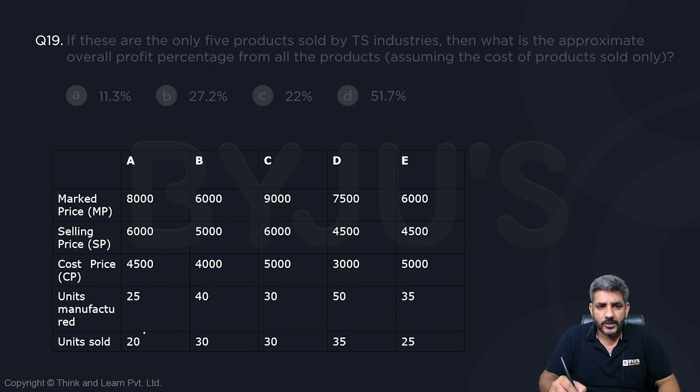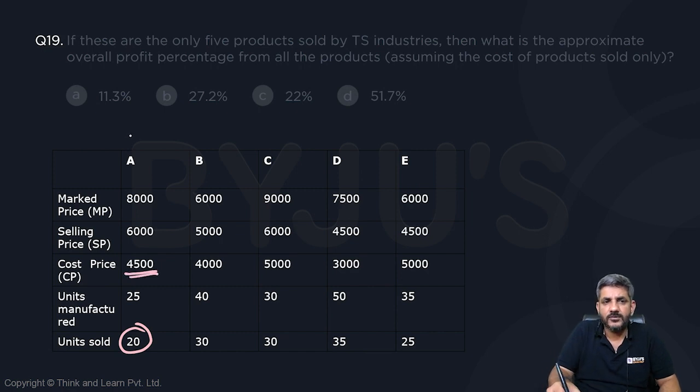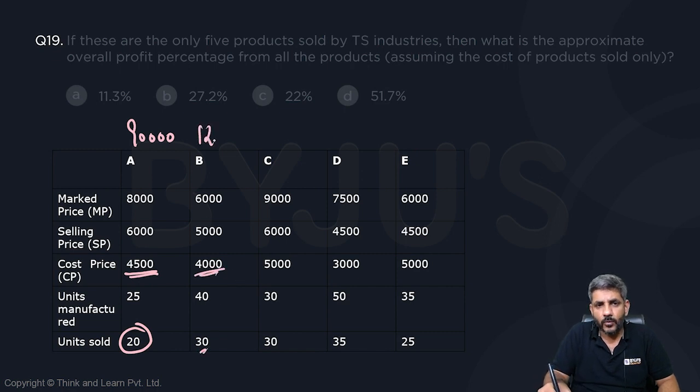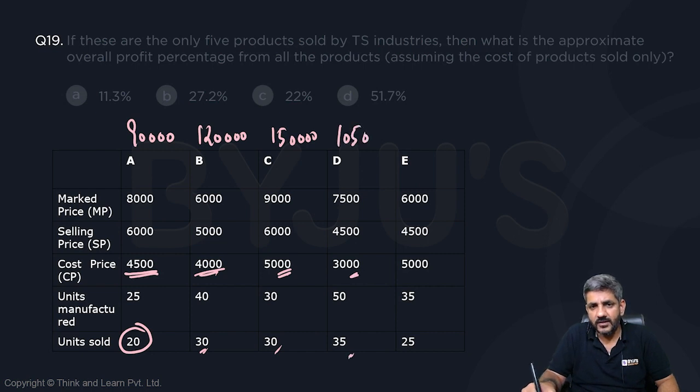For product A, 20 units are sold. 4,500 is the cost price. 4,500 into 20 is 90,000. Similarly, 4,000 into 30 is 1,20,000. Similarly, 5,000 into 30 is 1,50,000. Next, I have 3,000 into 35, it is 1,05,000.